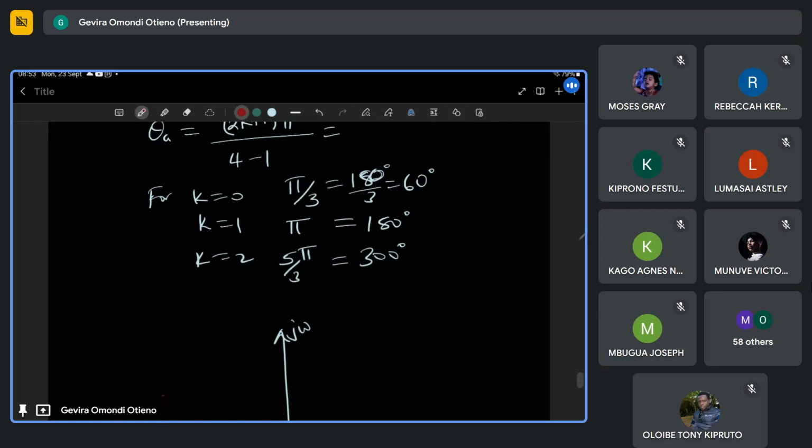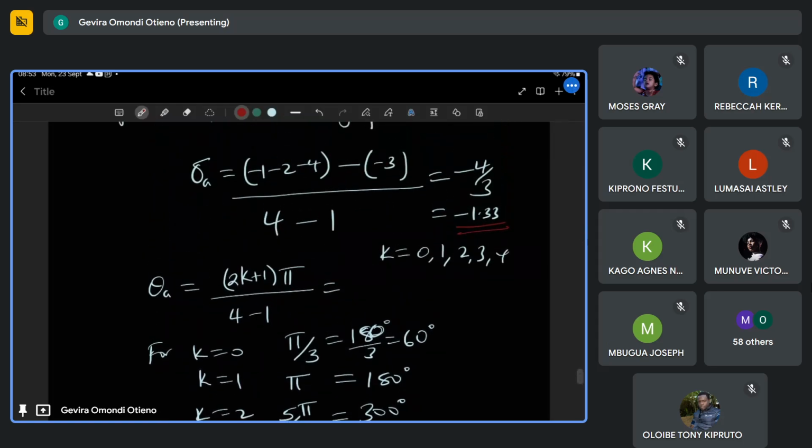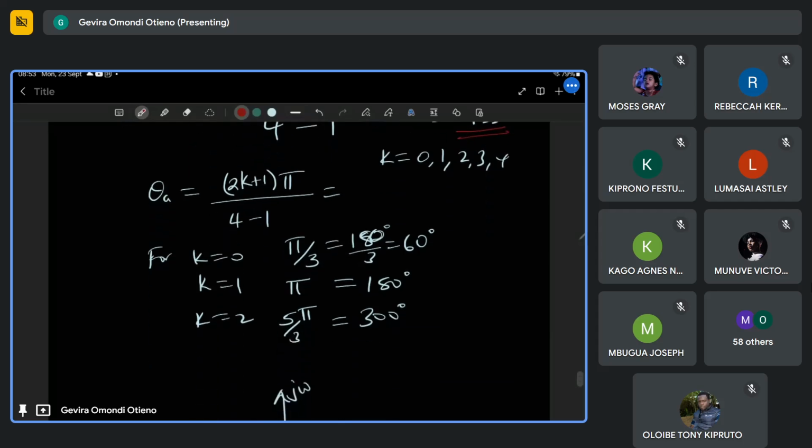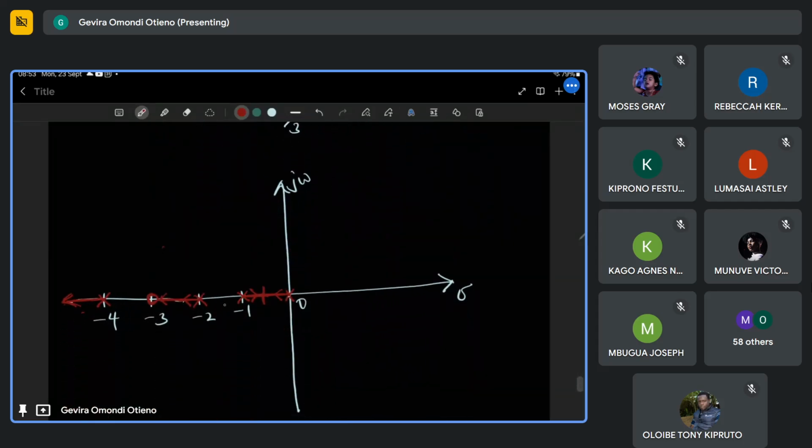So -1.33 is somewhere here. Notice it is not the point at which the poles leave the real axis, but it is the intercept, the point of intercept.